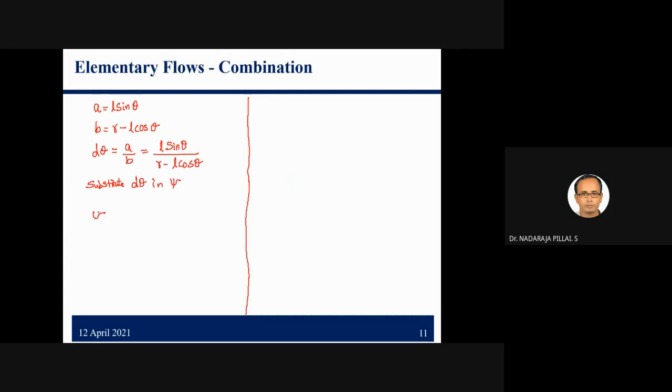We can write psi is equal to limit L tends to 0, and also kappa is equal to L lambda, that is equal to constant, and minus lambda by 2 pi into d theta. So d theta is L sine theta by R minus L cos theta.